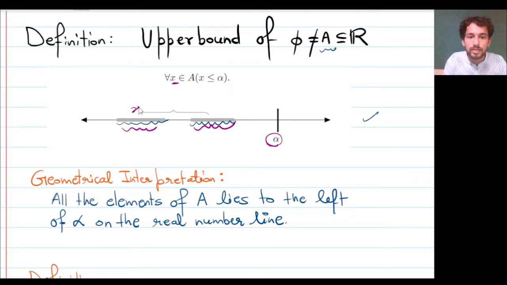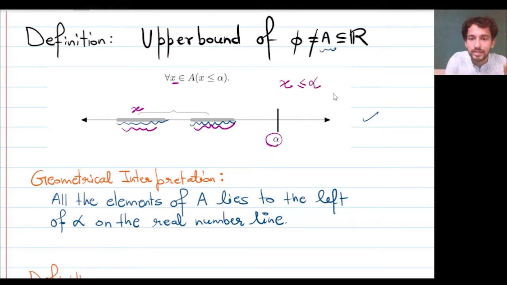So these are my possibilities for x, all the gray elements. Now this alpha satisfies the condition that all the elements of the set A, which I denote by small x, are less than or equal to this alpha. That is, either they are smaller than alpha or at max they can be equal to alpha.